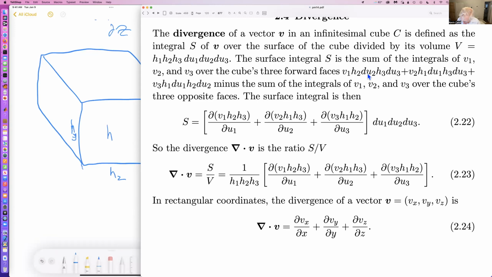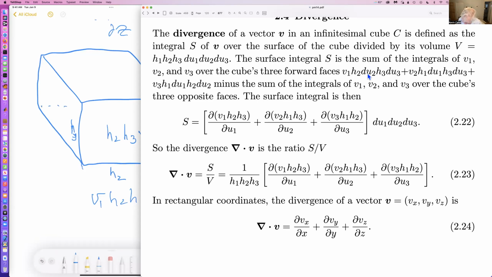So the area of this is H2, H3, and this would be the V1, which is pointing out this way, V1, H2, H3. So that's the integral of V1 over this face.